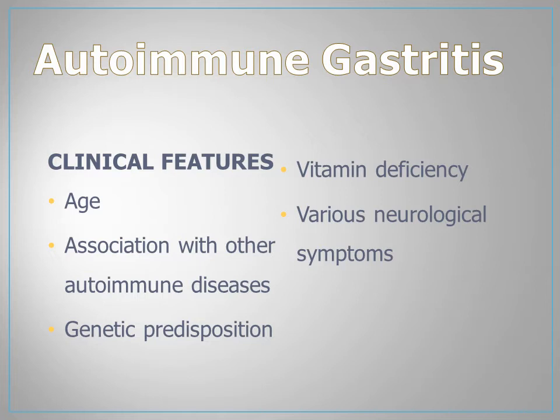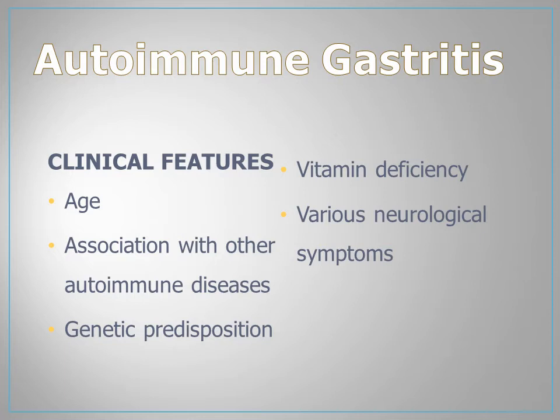So again, genetic predisposition along with the few associated autoimmune conditions which I already mentioned, these are the two important factors which can lead to the development of this autoimmune disease. Similarly, if a person in a family is suffering from autoimmune gastritis, there are chances that in his or her immediate family members, someone may develop signs and symptoms of this autoimmune gastritis.